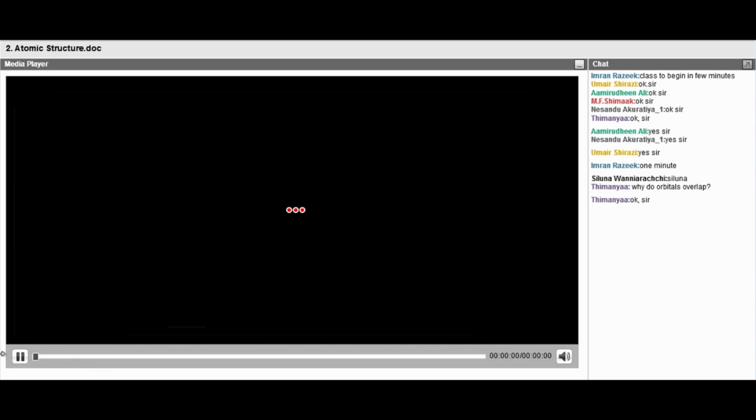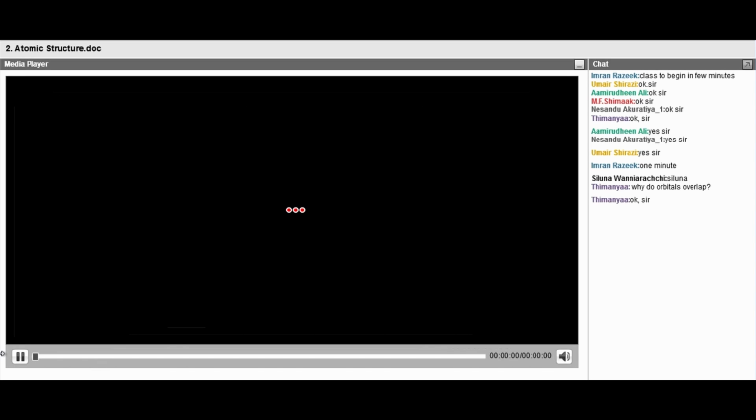After 4s, then you see the shape of the 3d z squared is on the z-axis. It's quite different, with one dumbbell with a ring in the middle. All the other d orbitals are double dumbbells. This is dx squared minus y squared on the x and y axis. Then 3dxy between the x and the y axis, and 3dxz between the x and z axis, and dyz between the y and the z axis.